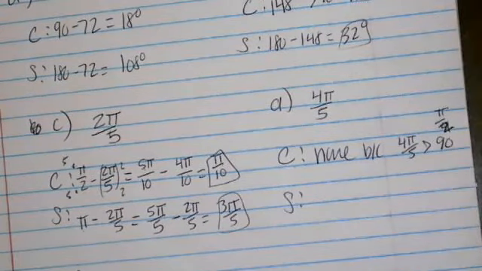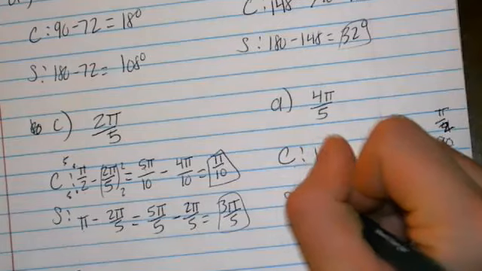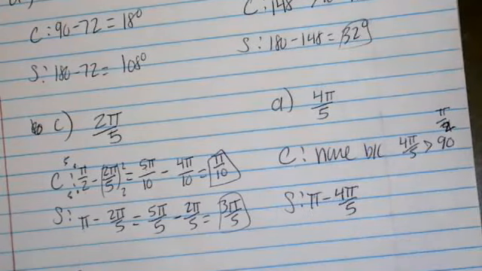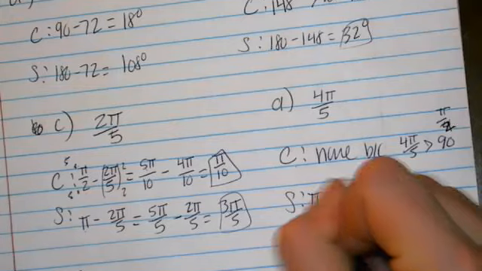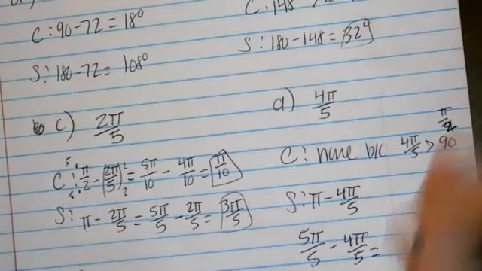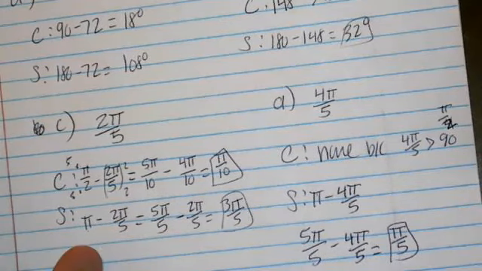All right, supplementary, pi minus 4 pi over 5. This can be 5 pi over 5 minus 4 pi over 5, giving me pi over 5 as a final answer.